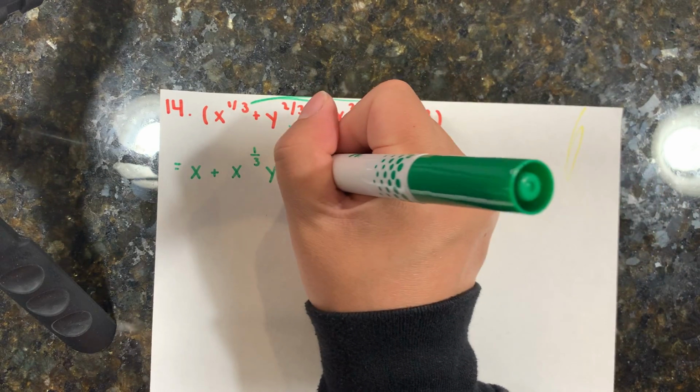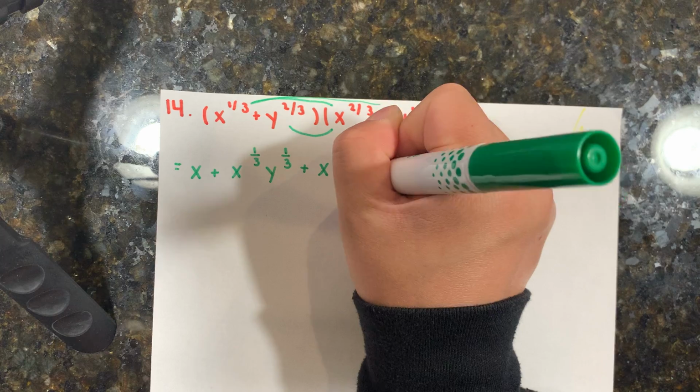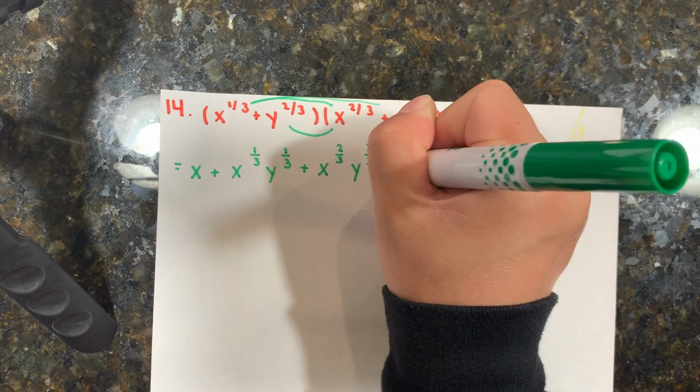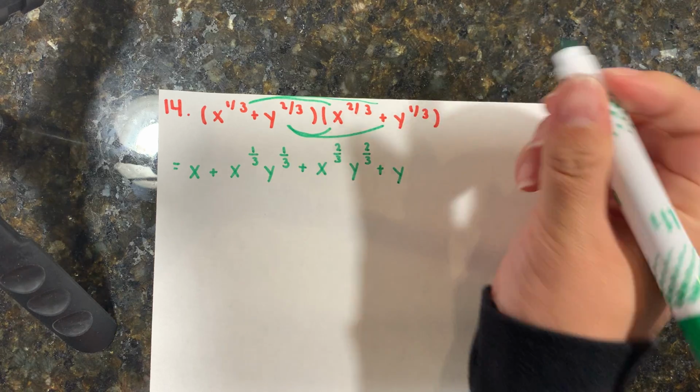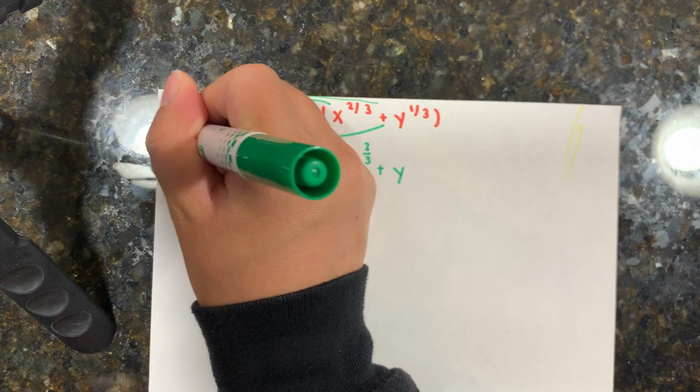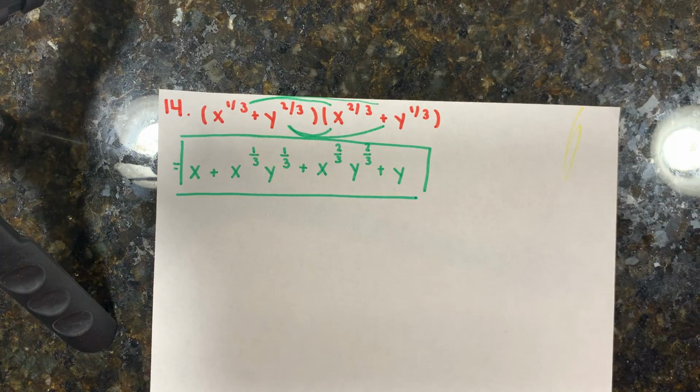My middle terms would be x to the 2/3, y to the 2/3, and then y to the 2/3 times y to the 1/3. Again, you're adding exponents, so that would just be y. And that would be your answer for number 14.